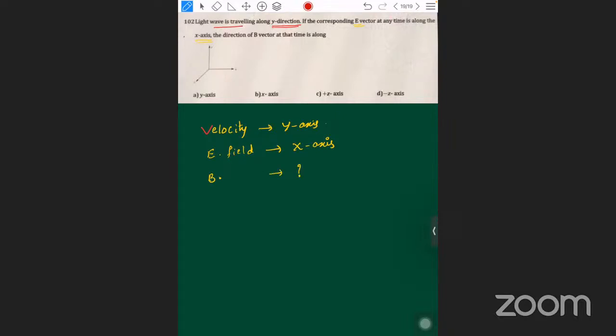A very simple problem. Now you know that the velocity vector v should be equal to E vector crossed with B vector. You know that velocity is acting along the y-axis. Y-axis means j cap is the unit vector.